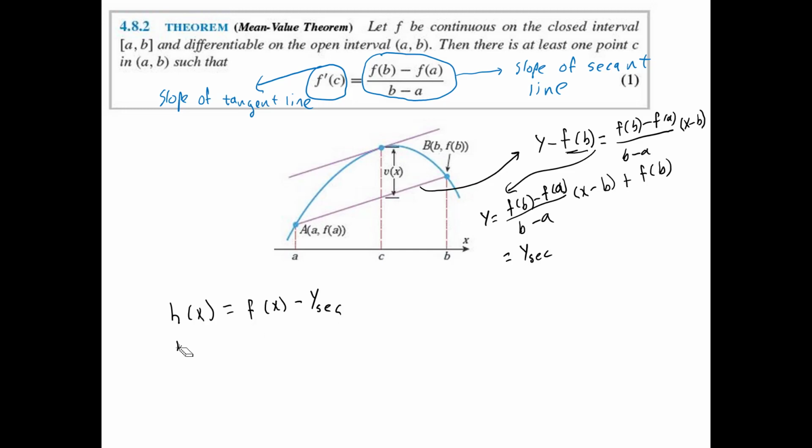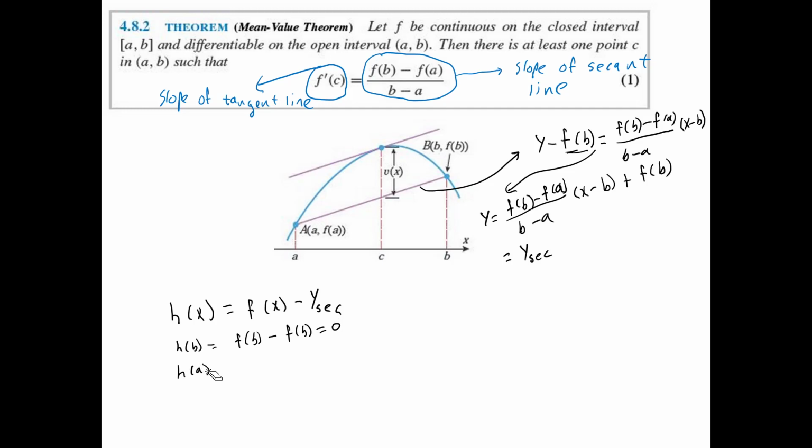Now, when I put b into this formula, h of b will be f of b minus, and when I put b into the secant function over here, I get f of b. And so I get 0.